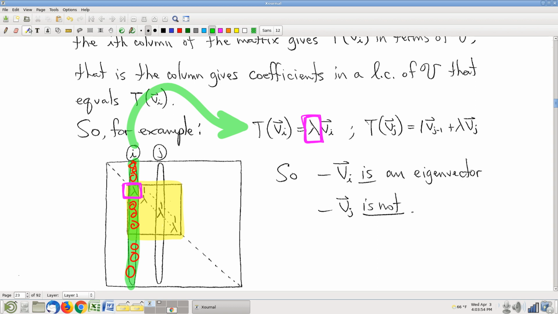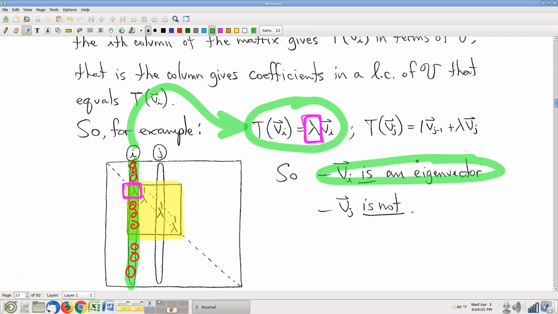So that column tells you this equation, and there's a great interpretation of what that equation is saying. It's telling you v_i is an eigenvector. Its image is a multiple of itself, so eigenvector. Everybody on board? Straight out of 5.3, we're just applying the ideas of 5.3 to this particular little structure called a basic Jordan block.